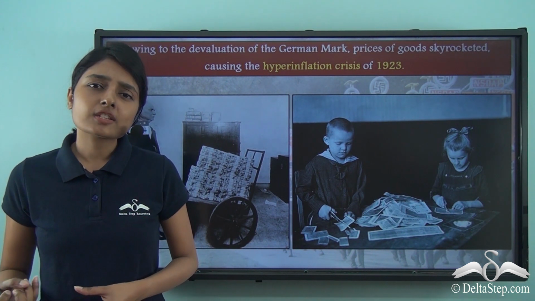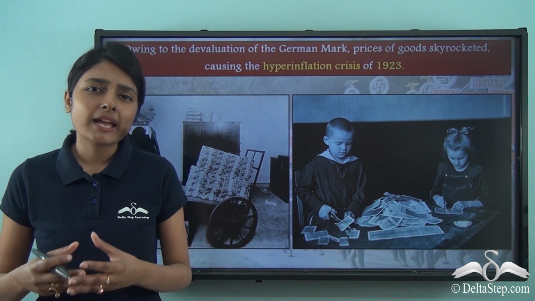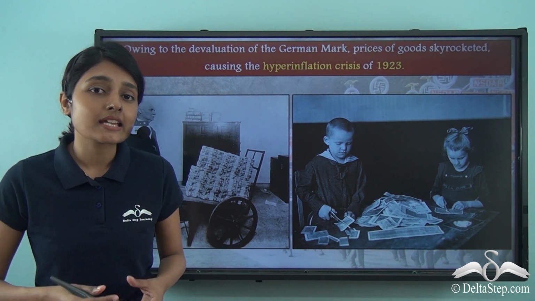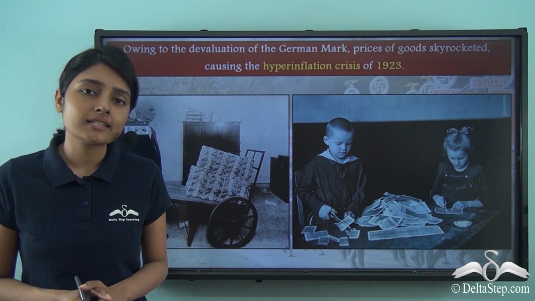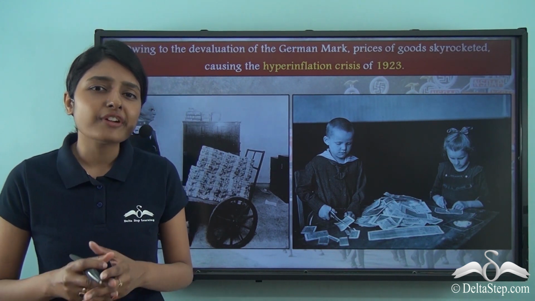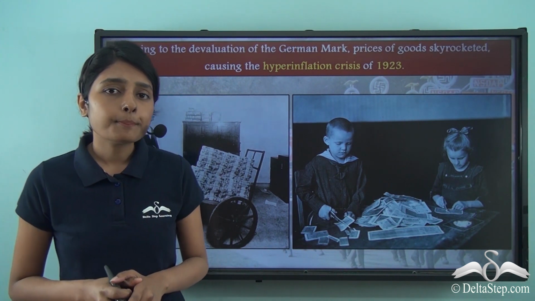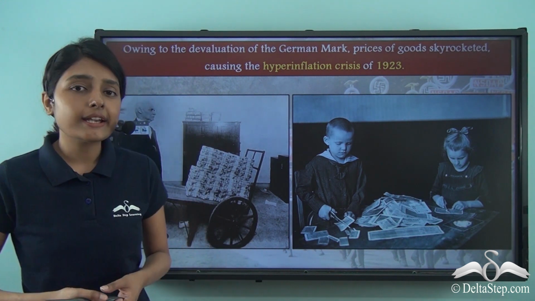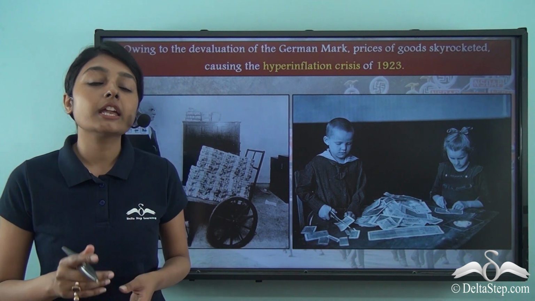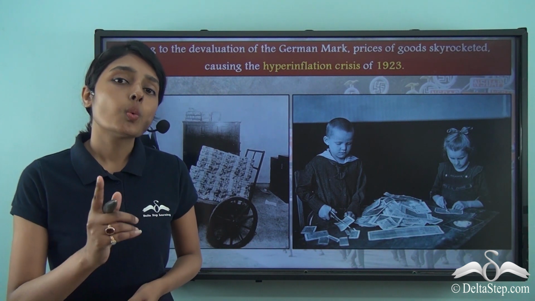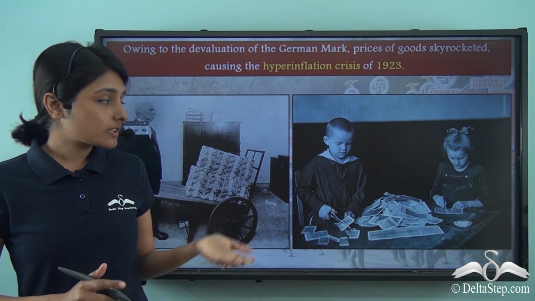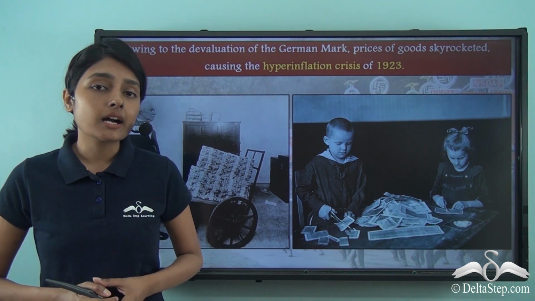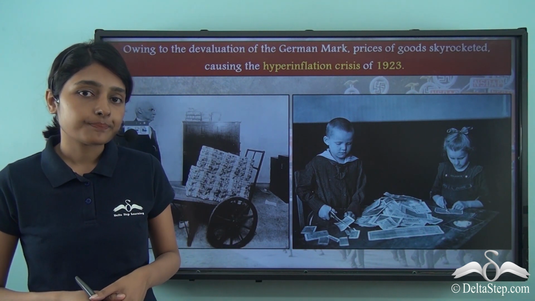And the prices of several commodities like bread and other essential things that people required for their sustenance kept on increasing very rapidly. At one point of time, by the year 1923, people had to carry almost truckloads of money in order to get hold of just one loaf of bread. So this was the condition of the German mark in 1923.